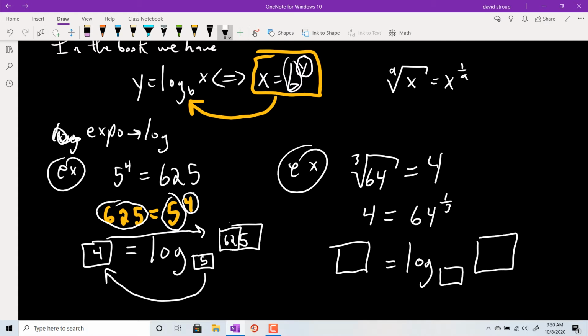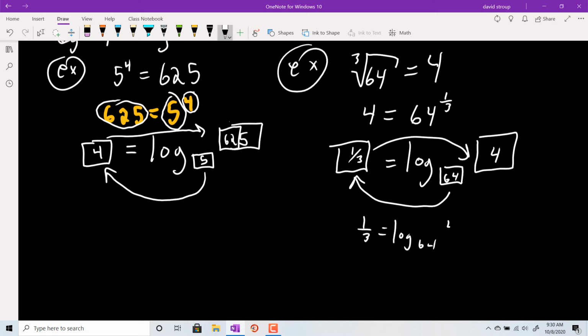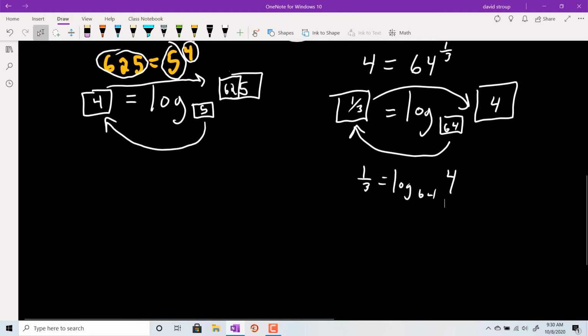So it's going to be 64 to the 1/3 power equals 4. So if you wish, 1/3 equals log base 64 of 4. That's how you should write it without the little boxes. Okay, let's do one more.